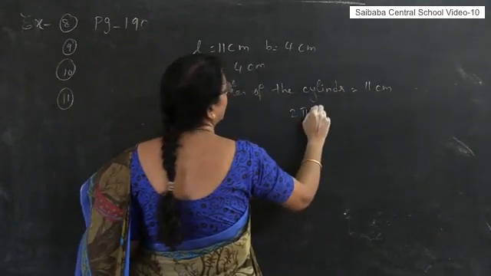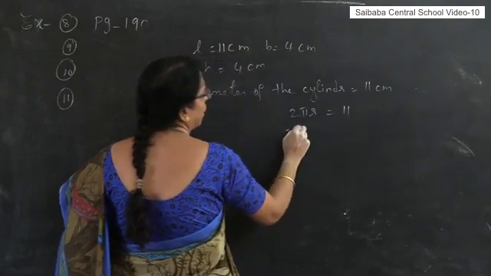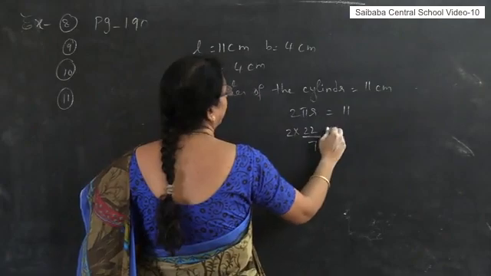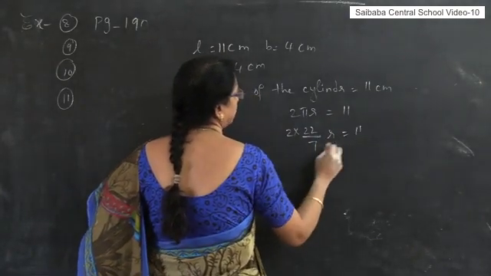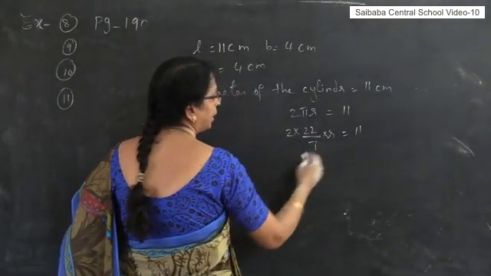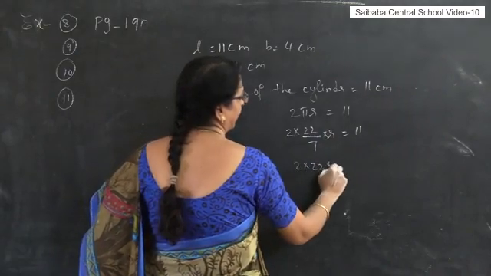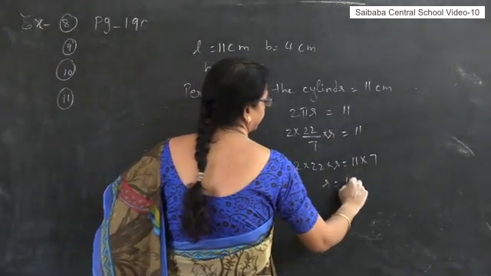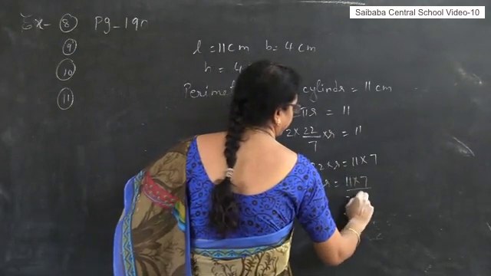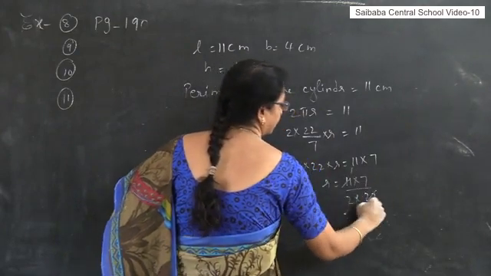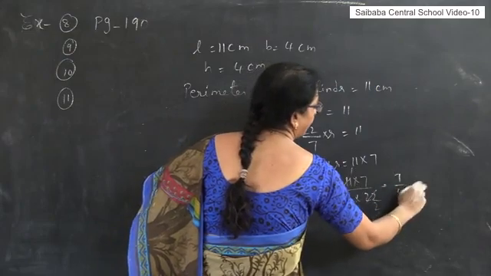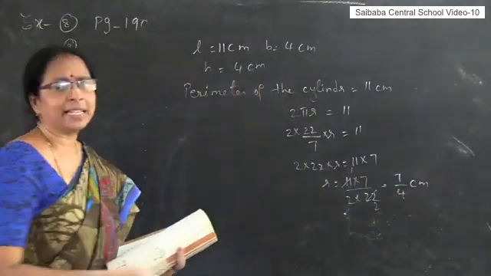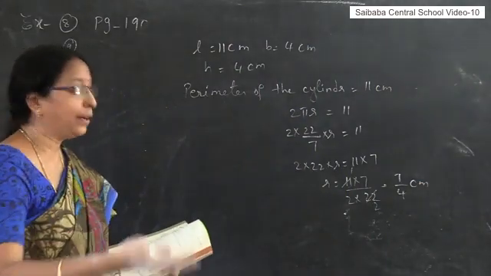That is 2 pi r is equal to 11. We know the radius. So we have to find out the radius. Use the transposition method to find the radius. That is 7 by 4 centimeters. So here we can take as a decimal, but no need, we will leave like that and we will find.